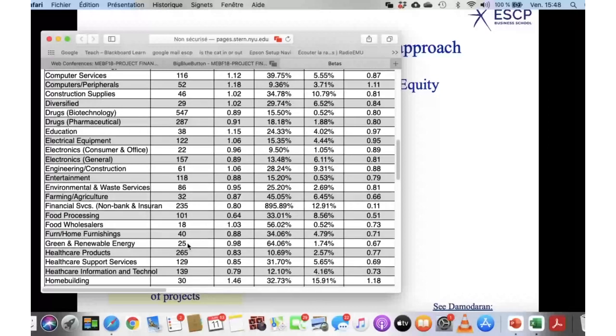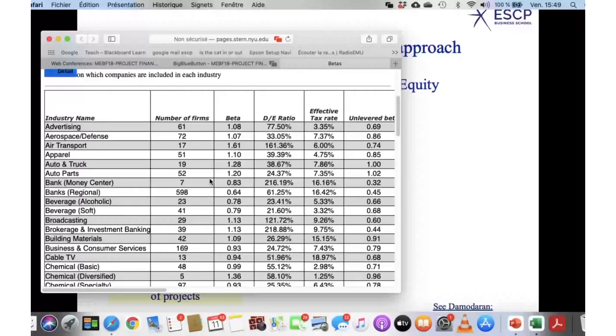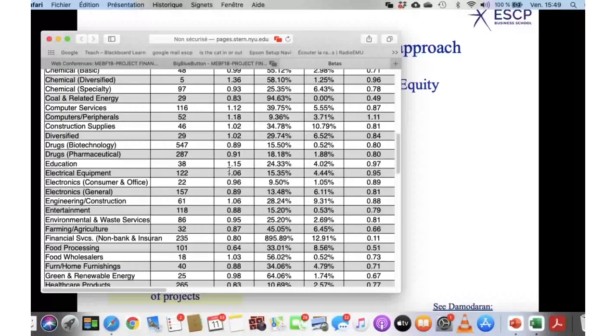So 25 firms. You have the beta, which is measured on the market, but this is the equity beta. The equity beta is 0.98 in our case. This is a measure of systematic risk, but it takes into account the fact that you have a certain amount of debt in the companies in this industry.